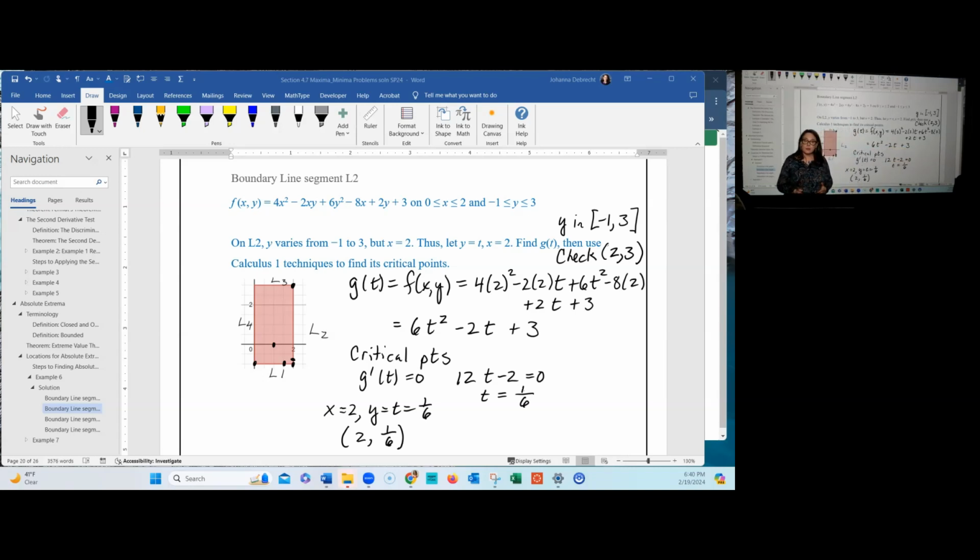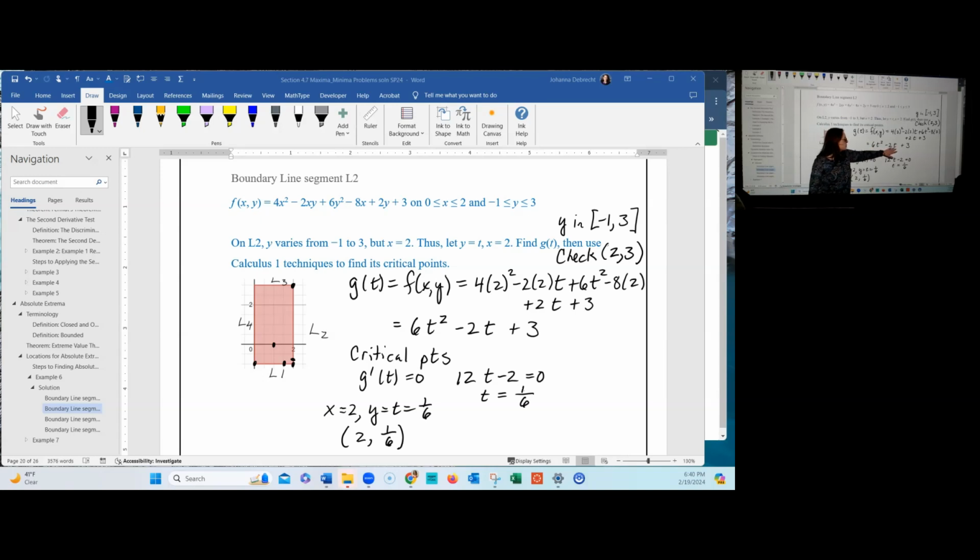To find the critical points, we need to find where the first derivative is 0 or not defined, but the function is defined. The function is defined everywhere for all values of t, but here we're only interested in the values between -1 and 3.